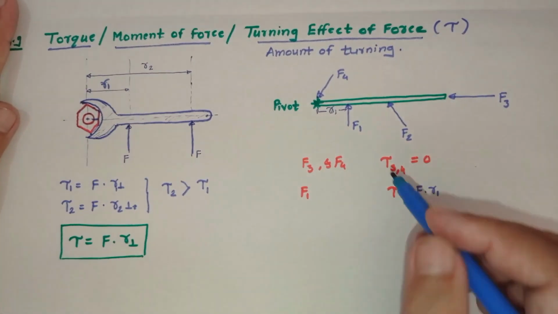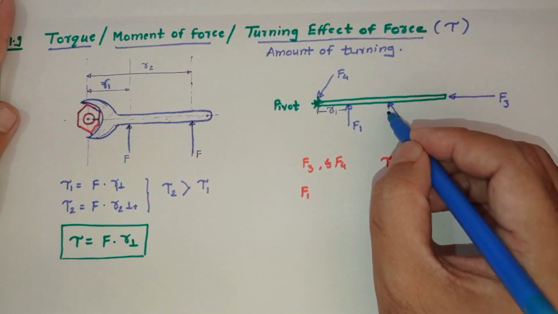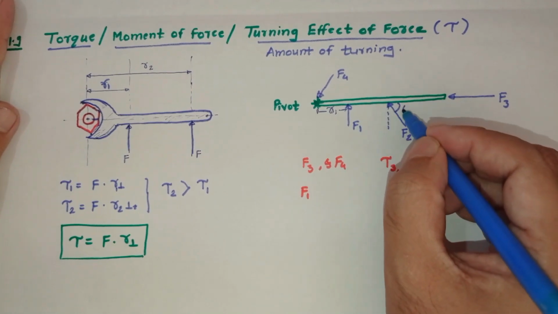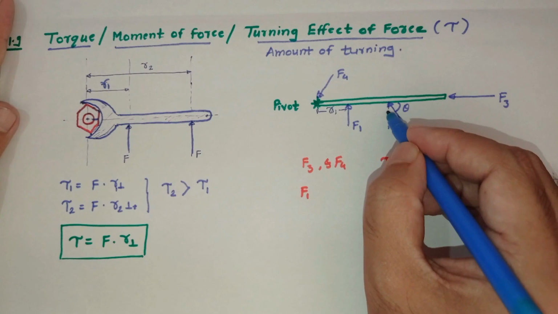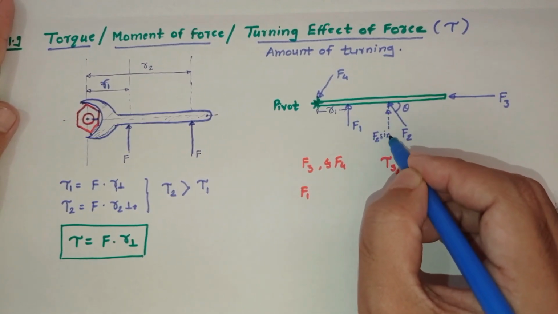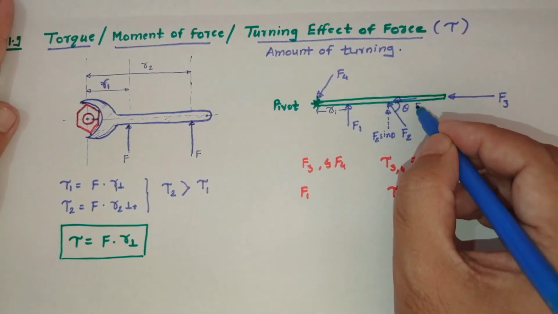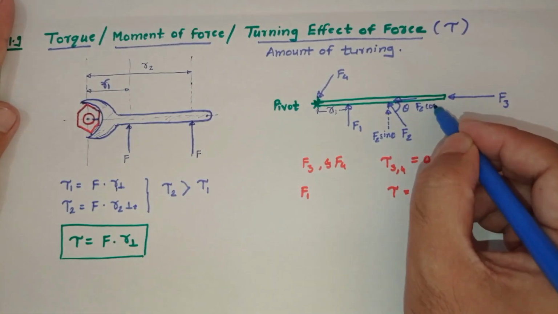Similarly F2 force, we have to resolve this into two components. Suppose this angle is theta, so this is F2 sin theta and this is F2 cos theta.